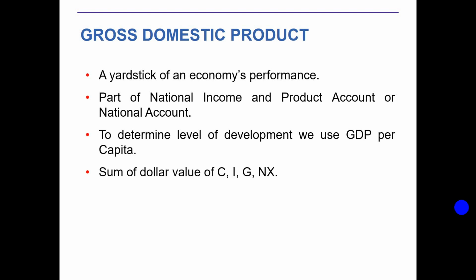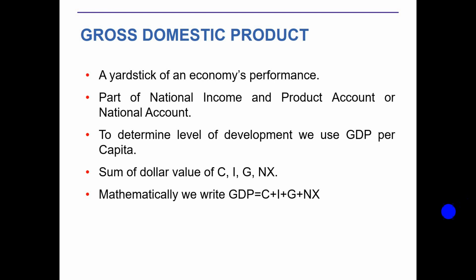If we consider GDP from the expenditure approach, we have the sum of the dollar value of consumption, investment, government expenditure, and net exports. Mathematically, GDP equals consumption plus investment plus government expenditure plus net exports.